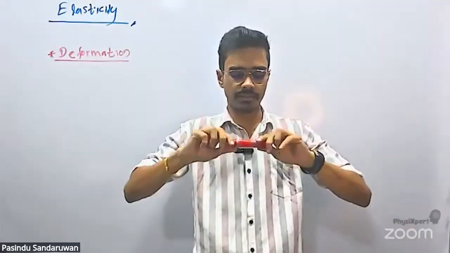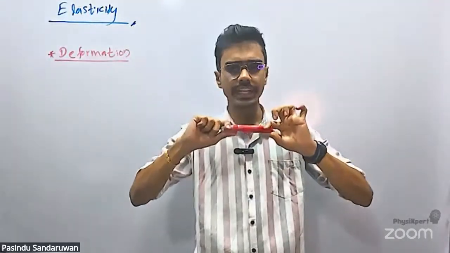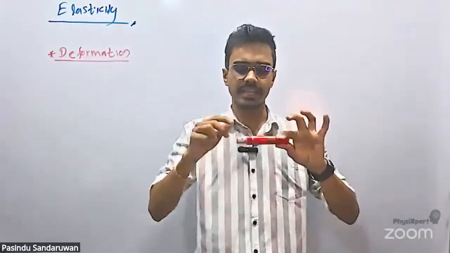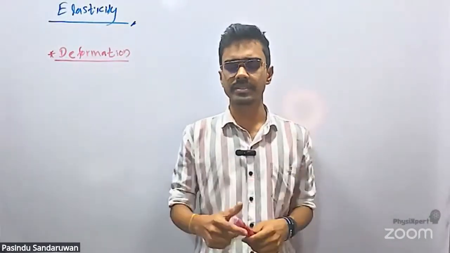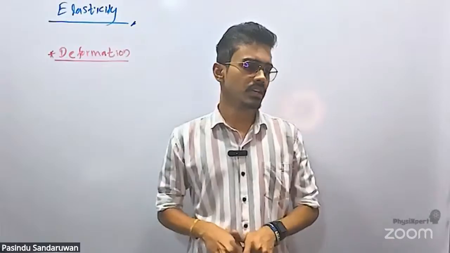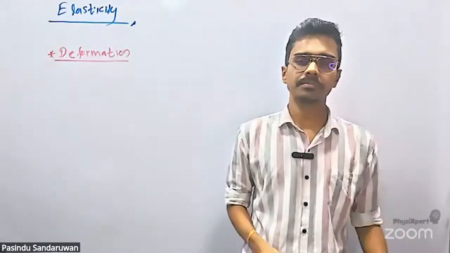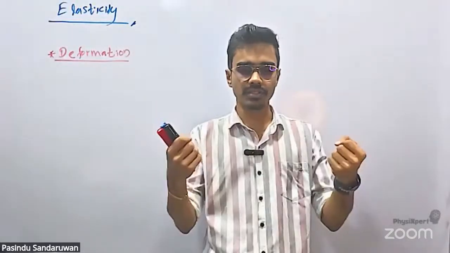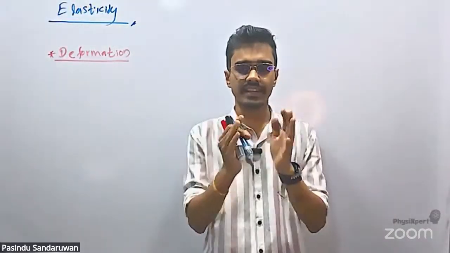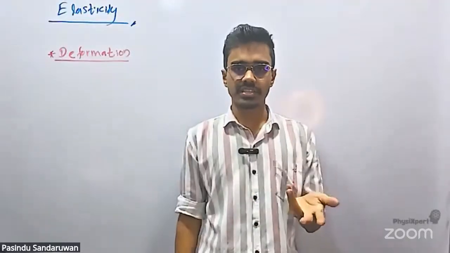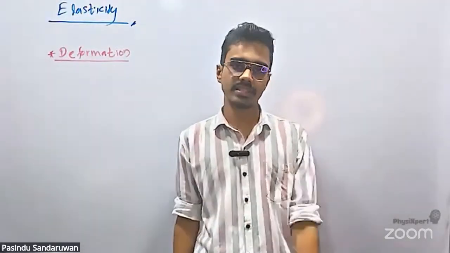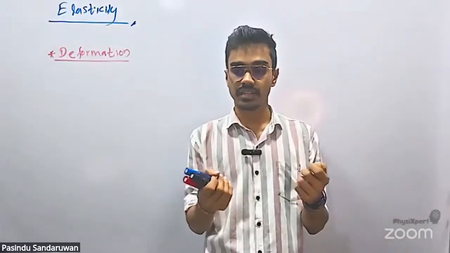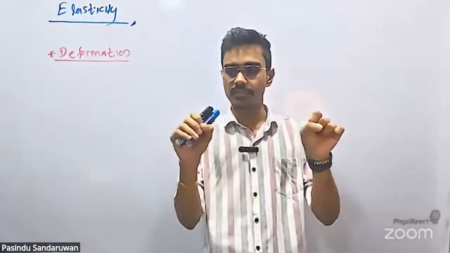When we apply a force like this, it deforms from the molecular level, but that is not visible. That is from a very minor level. But if we consider something like polythene, when I apply a force, we can see how it is stretched. And if you consider a rubber band, when you apply a force, it gets stretched.